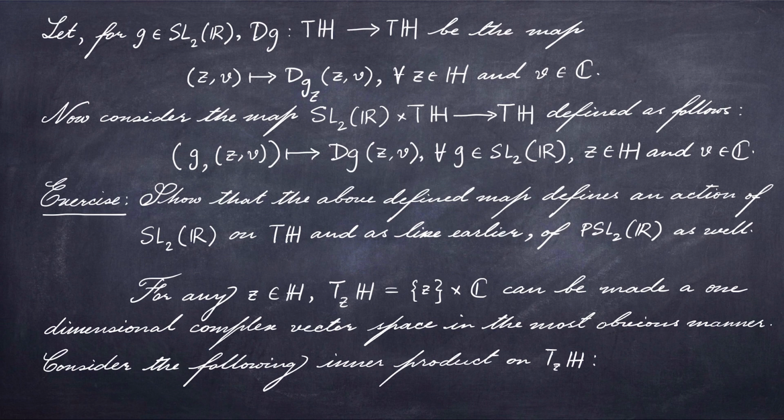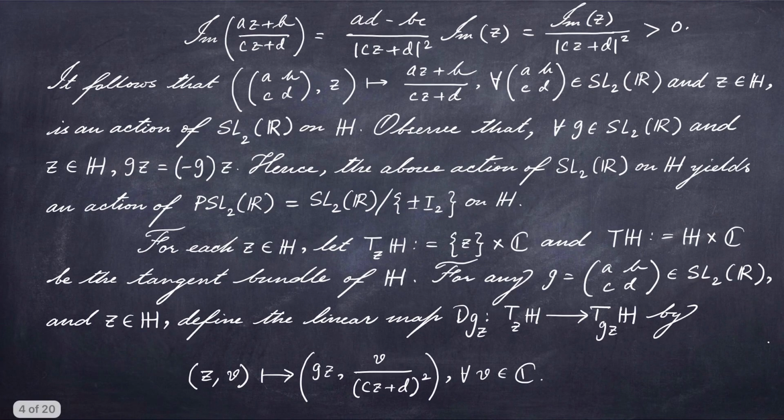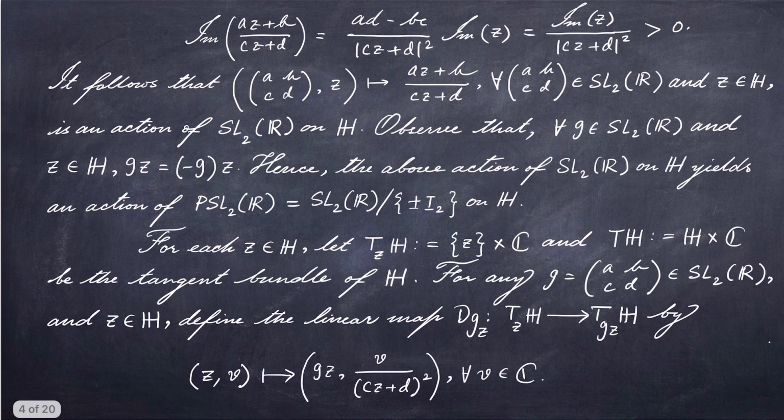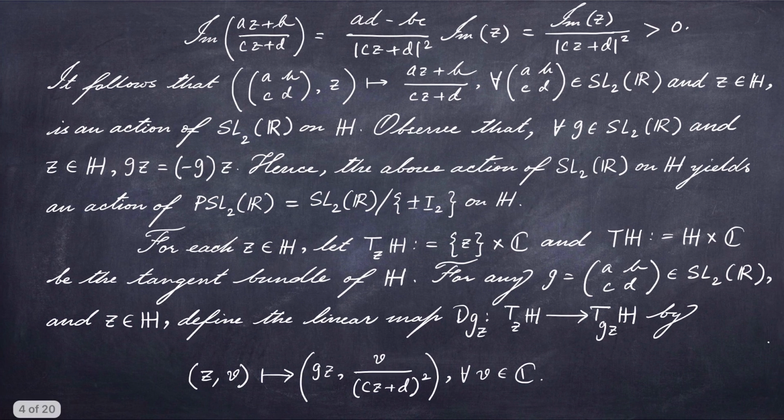So now it's a routine verification, though not at all difficult, that this way we get an action of the group SL2R on the tangent bundle of the upper half plane. Okay, so let me again summarize what we have discussed just now.